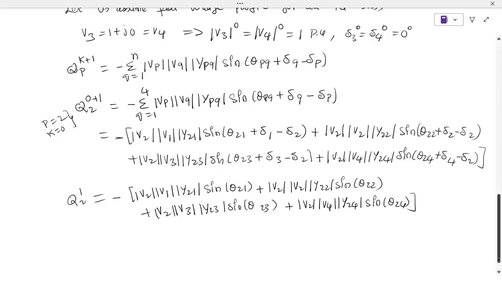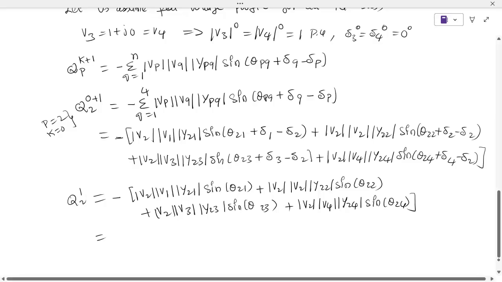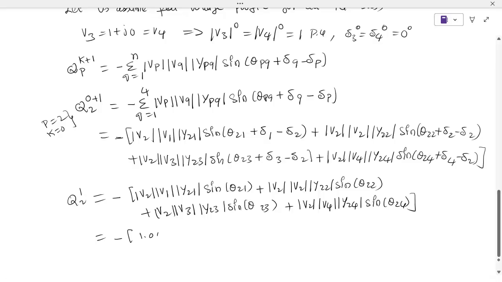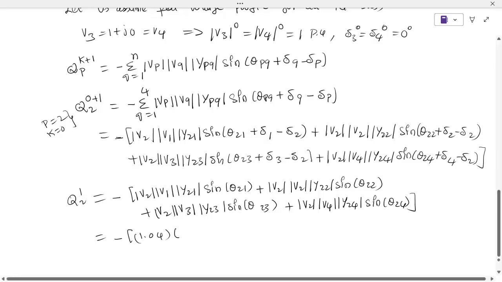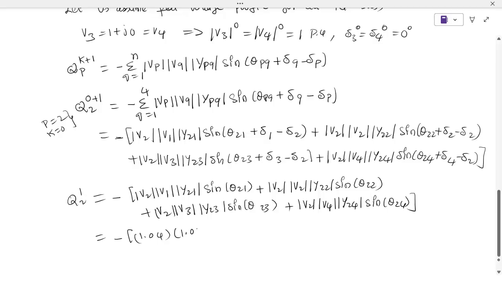Now a simple thing is we need to substitute all the values. All values are readily available from the data that I have already given. Now substitute those values and you can calculate the Q value. I am substituting. You know that the V2 value, the PV bus value they have given, is 1.04, and V1, the slack bus value, is also 1.04.